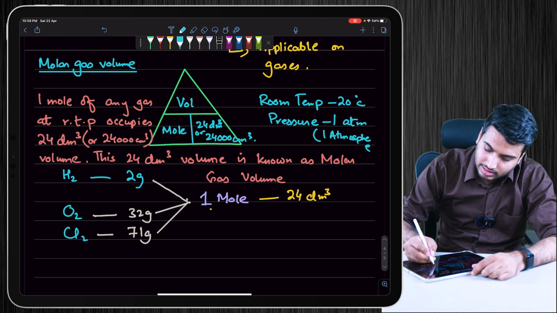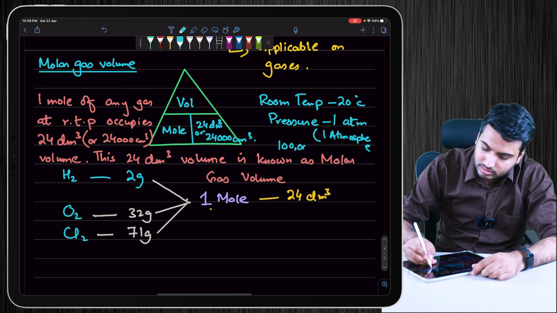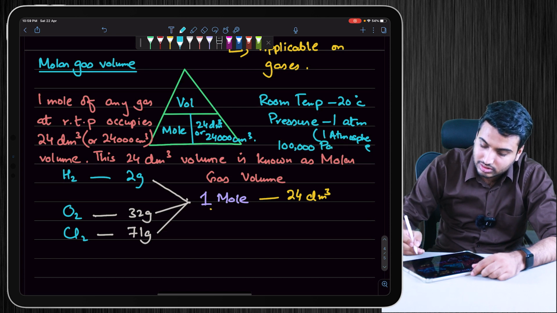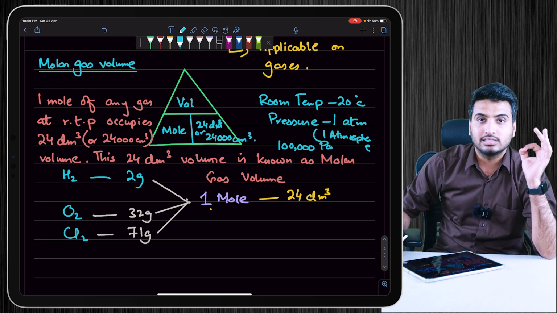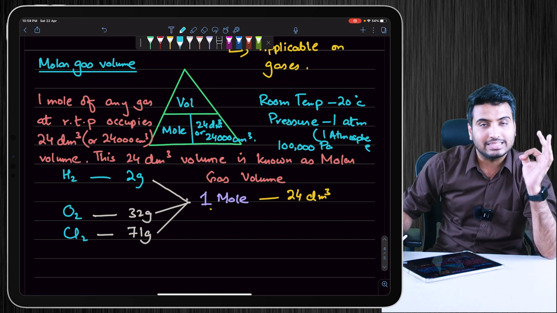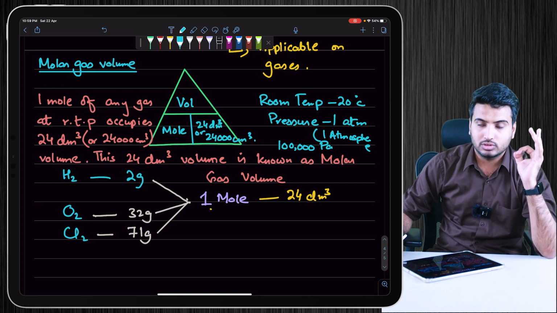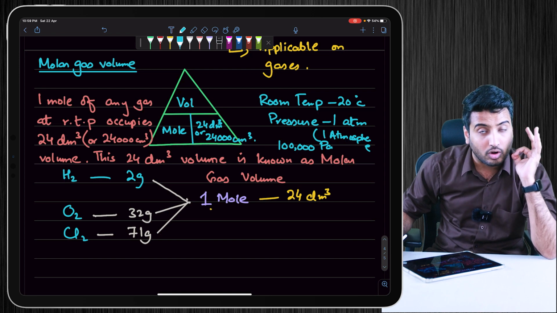This is the standardized room temperature and pressure all over the world.